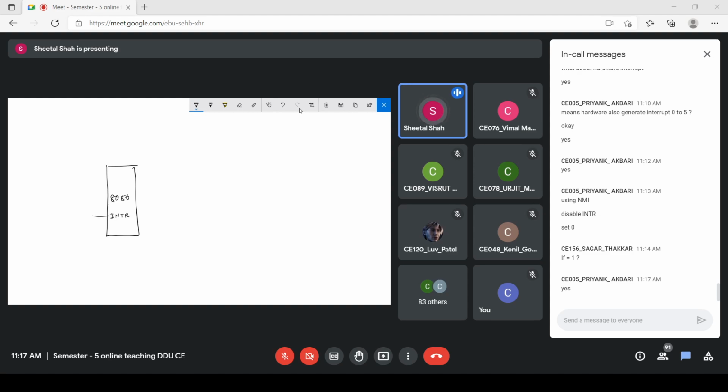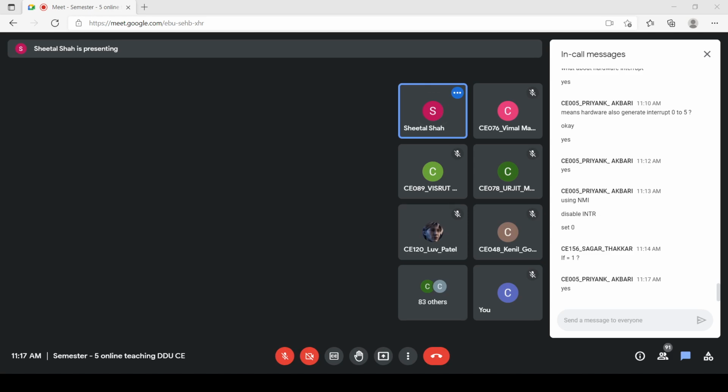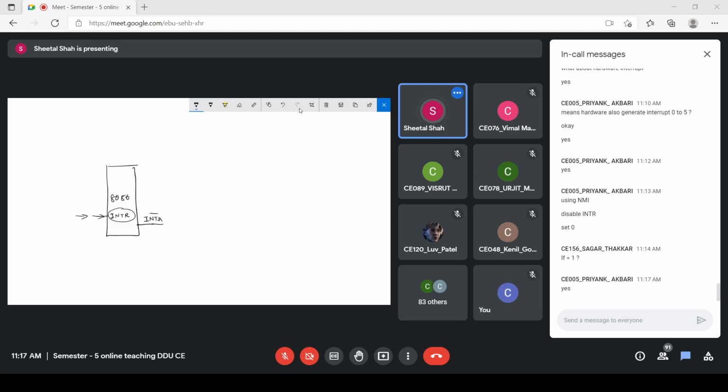Some device sends a signal, and in response to the signal it gets at the interrupt request line, it sends an interrupt acknowledgement. Since this is INTA bar, it has to send a low signal to the IO device.